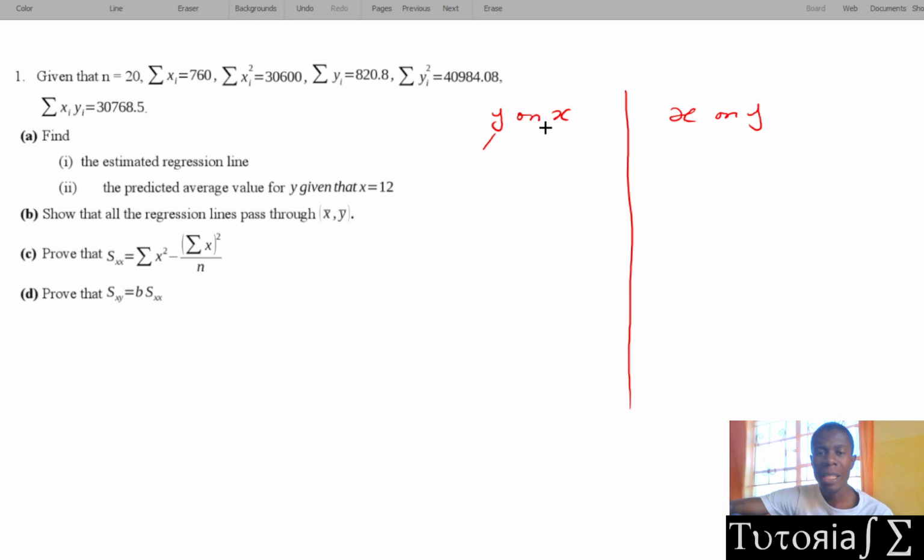If y depends on x, then y is a dependent variable, and x is an independent variable.